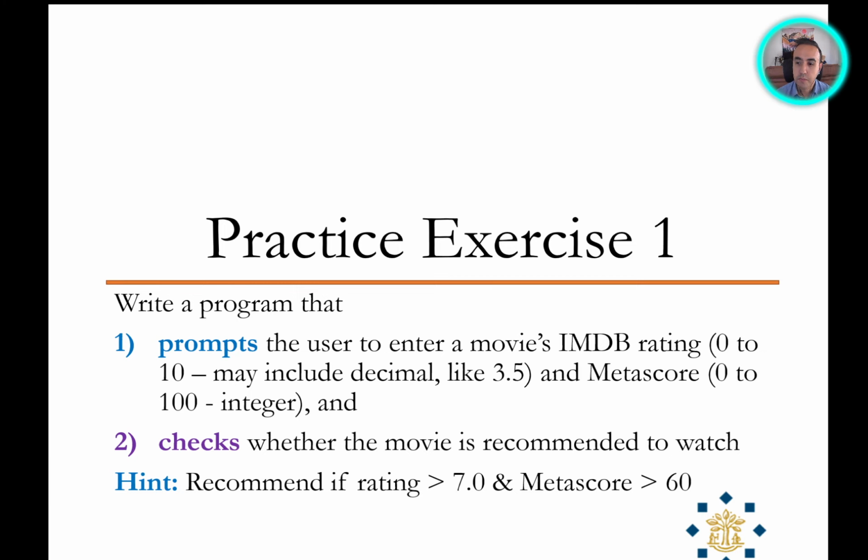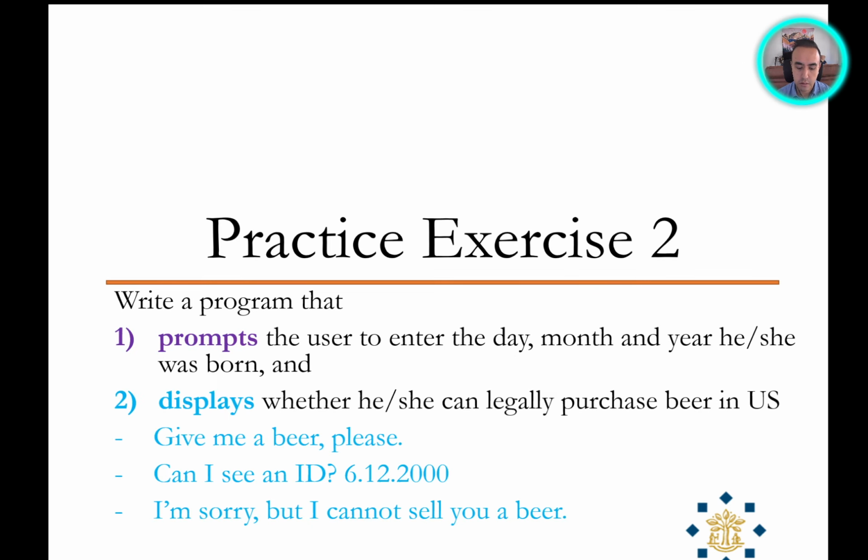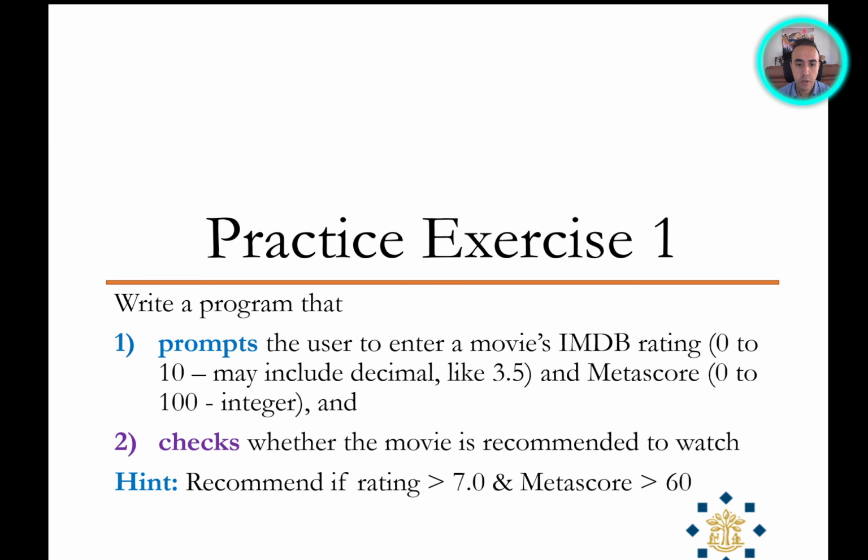Awesome. So this concludes this week's lectures. I'll give you 2 practice exercises. So the first one, I'm going to ask you to write a program that prompts the user to enter a movie's IMDb rating and Metascore.